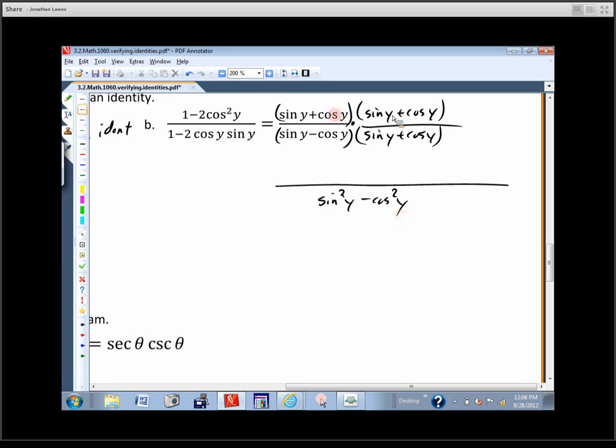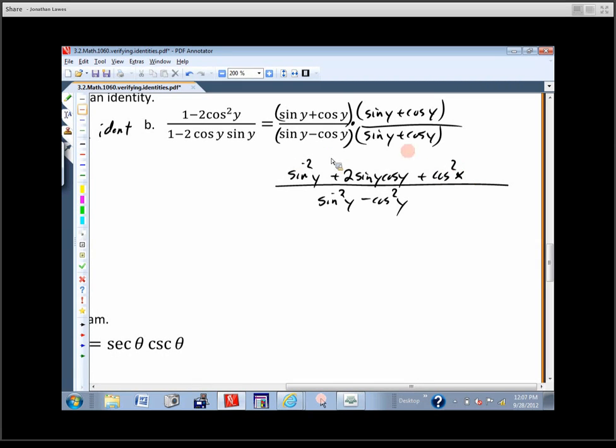Okay, let's take a look at the top. This is a perfect square, sine squared y. The middle term would be 2 sine y cosine y plus cosine squared y. Let's focus on the top for just a second.